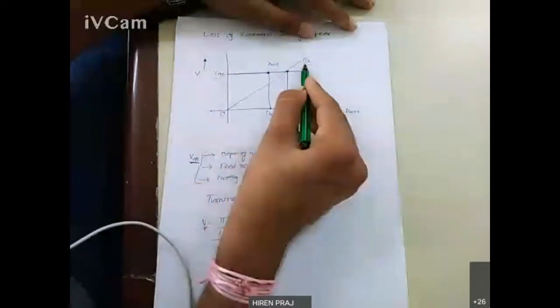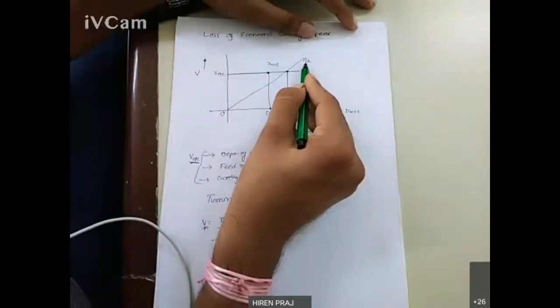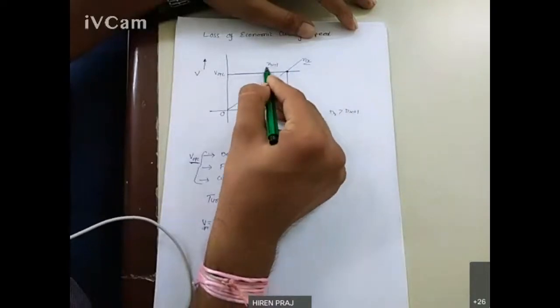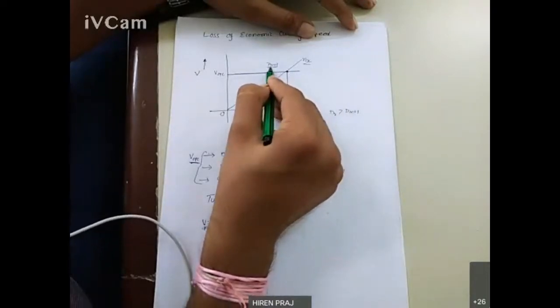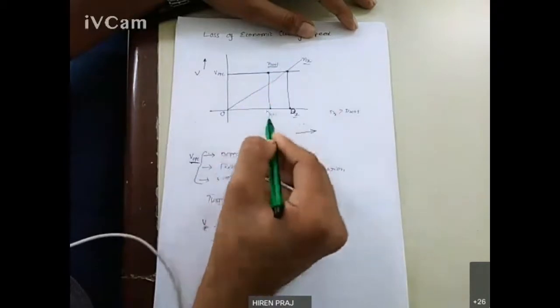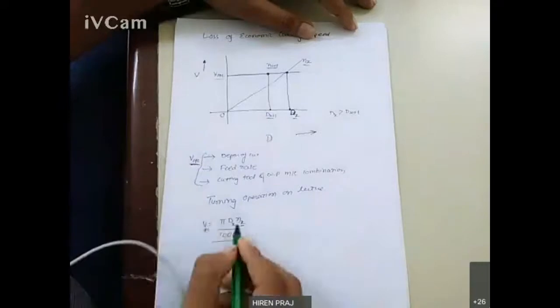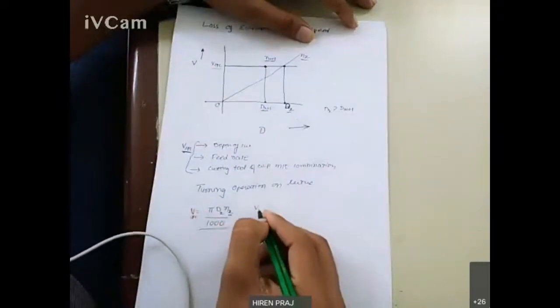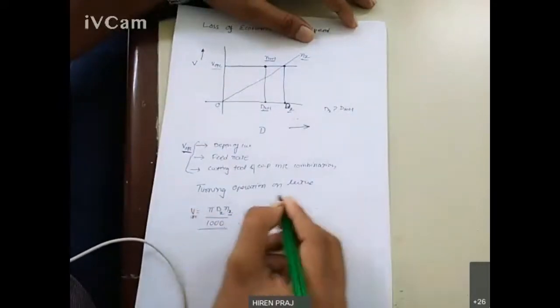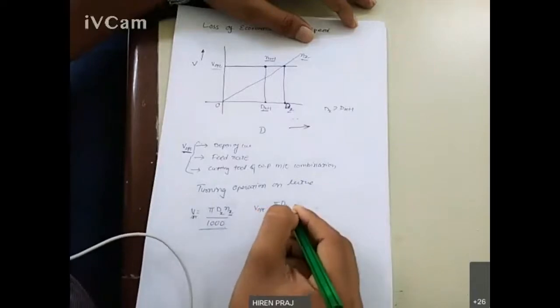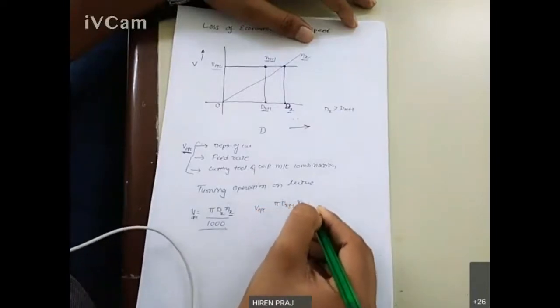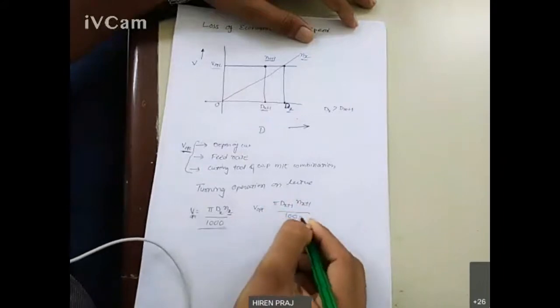This Nx is available from a particular gearbox, and now the next rpm available is Nx plus 1. So this speed for this diameter can give us V optimum by the same relation: V optimum equals pi Dx plus 1 Nx plus 1 by 1000, right?